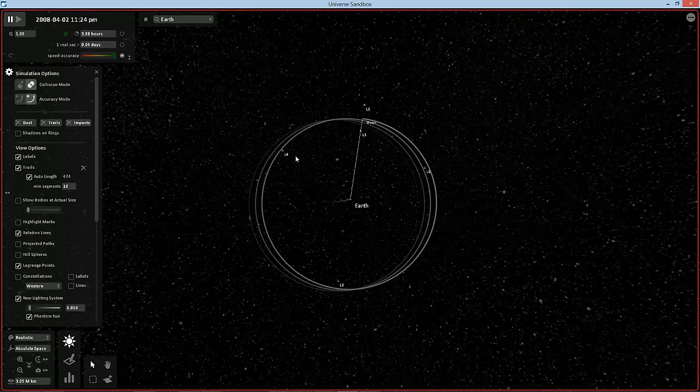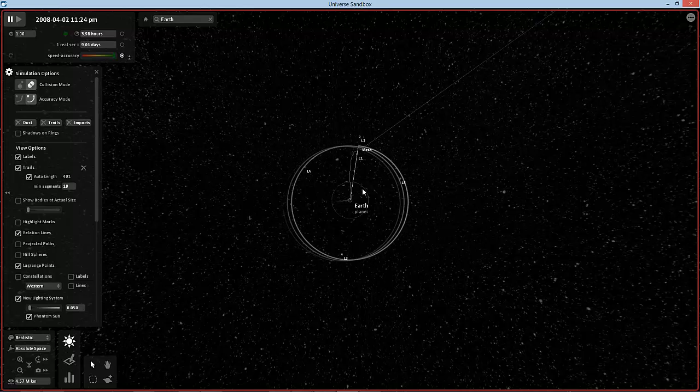However, L4 and L5 are very stable, up to the point that they're almost 100% stable. Around Jupiter, between Jupiter and the Sun, there are actually rocks in L4 and L5. On Earth and the Moon, there is some small debris in L4 and L5. In Earth and Sun, same thing.